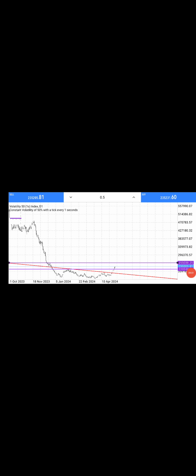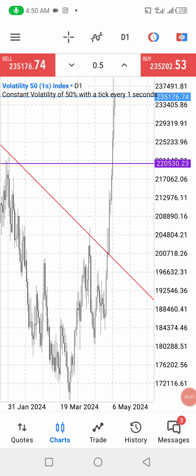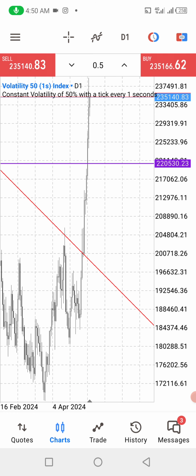So after this breakout, the next level we are looking at is this level. Price still broke that level and is pushing higher. So the next level we are looking at is this level, and price is going towards that level. That is market structure analysis. The way markets move in practice is different from the way you think about it in the textbook.